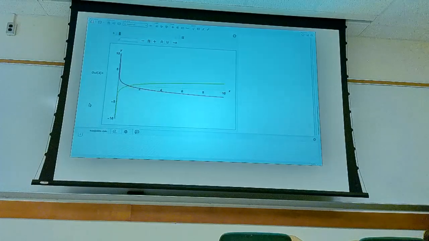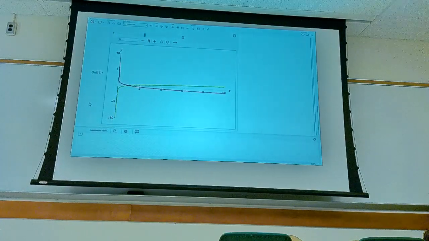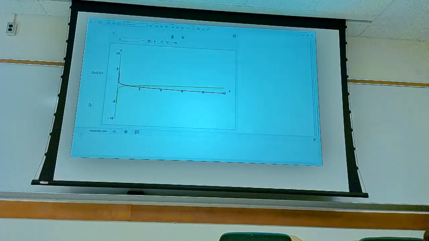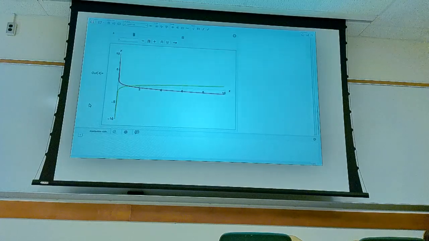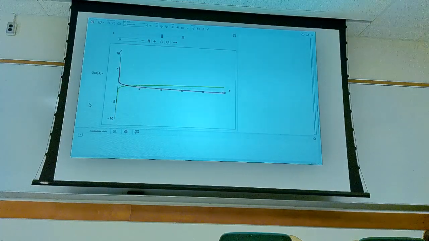What was the domain for the exponential function? All real numbers. What was the range?